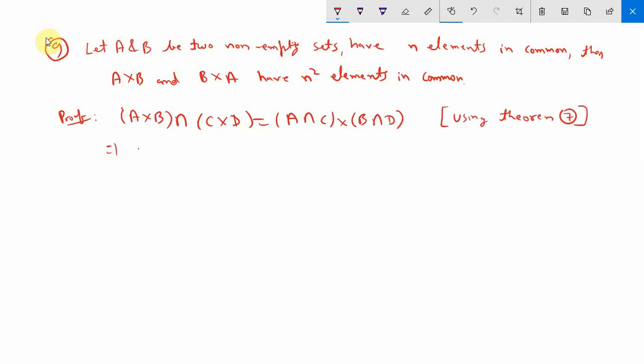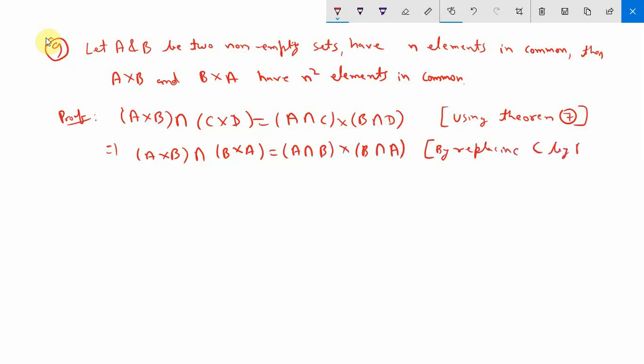So this we can write (A × B) ∩ (B × A) is equal to (A ∩ B) × (B ∩ A), by replacing C by B and D by A in theorem 7.